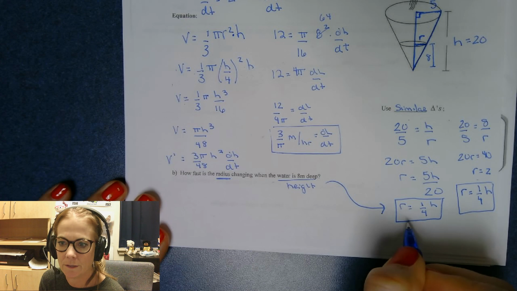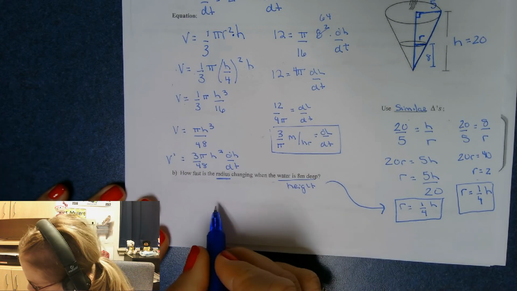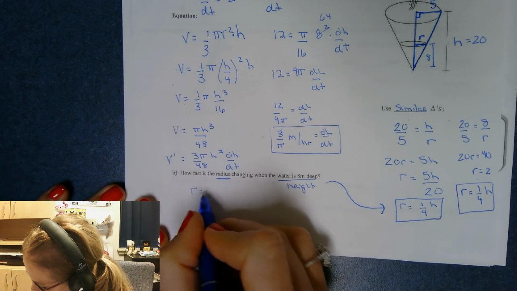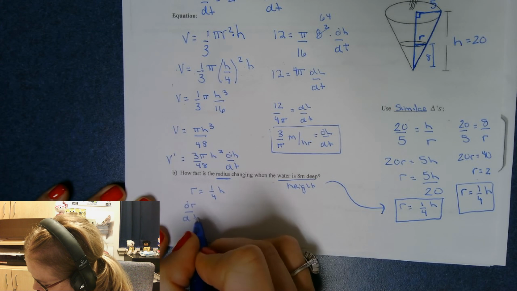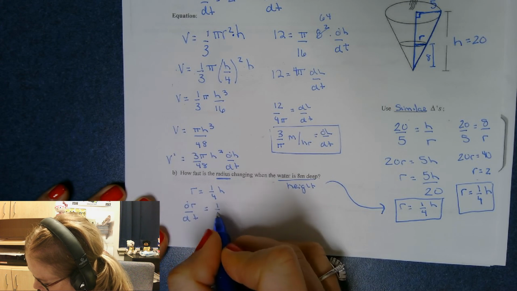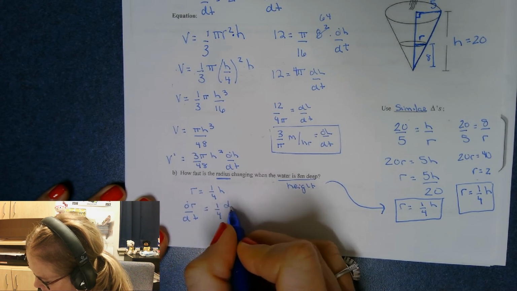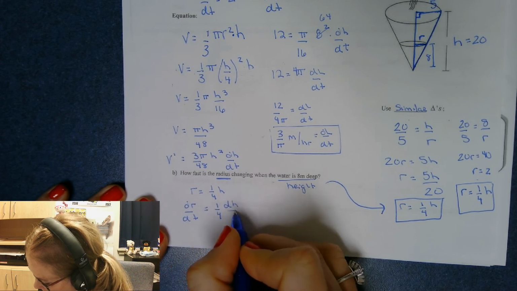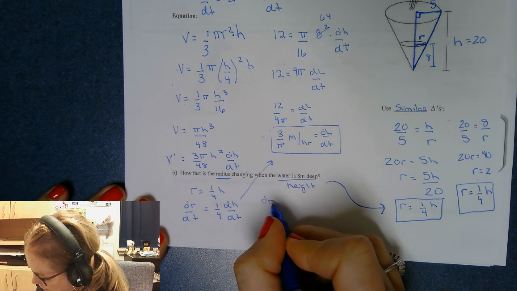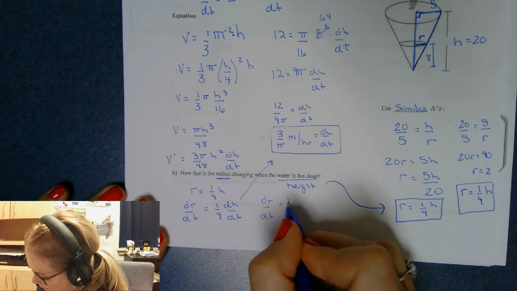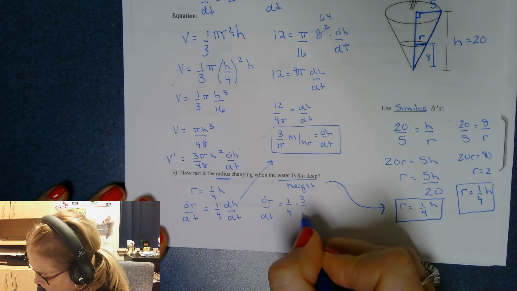So if you have an easier equation to use, you use it. So R equals 1/4 H. dr dt is what I'm looking for. 1/4. H differentiates to 1, so that's dH dt, which I just found.